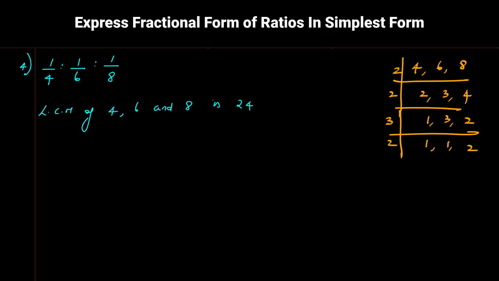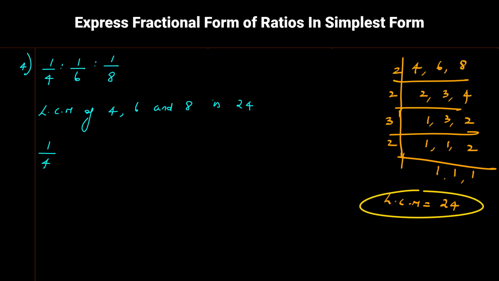Then we have 3 times 1, 1, 2 and 2 times again 1, 1, 1. So our LCM is equal to 3 2s are 6, 6 2s are 12, 12 2s are 24. Now that we have calculated the LCM, take the first part of the fraction, multiply with 24.